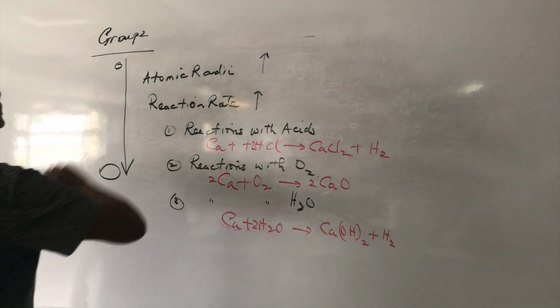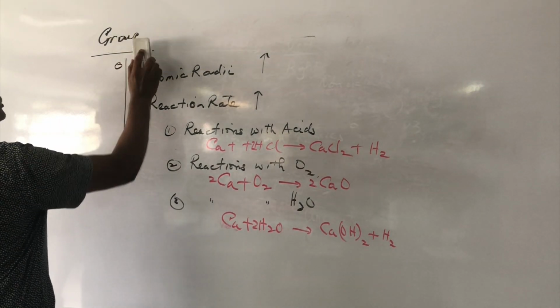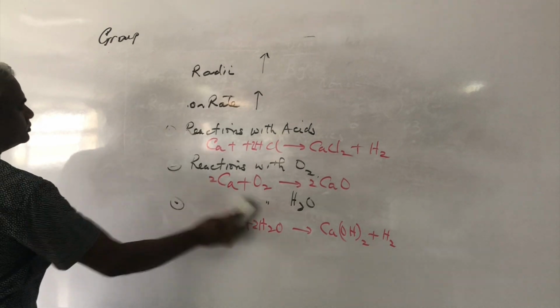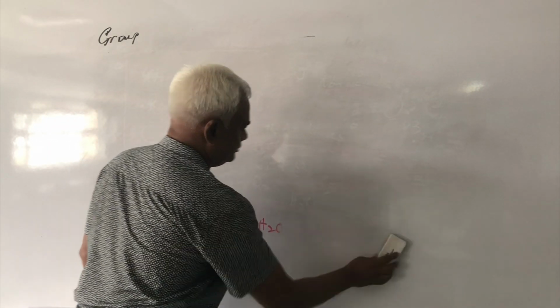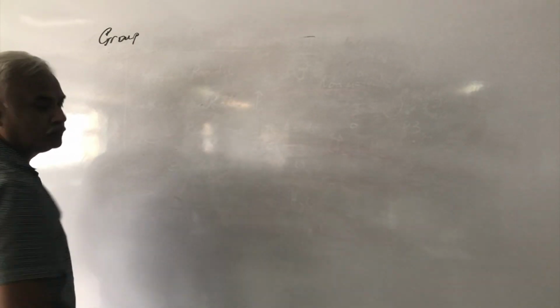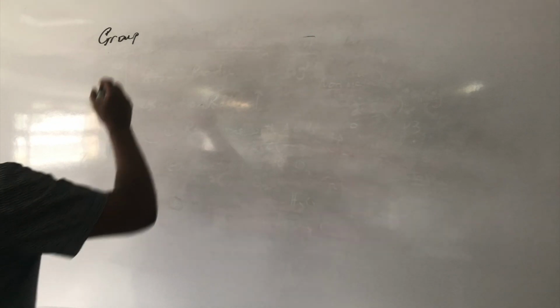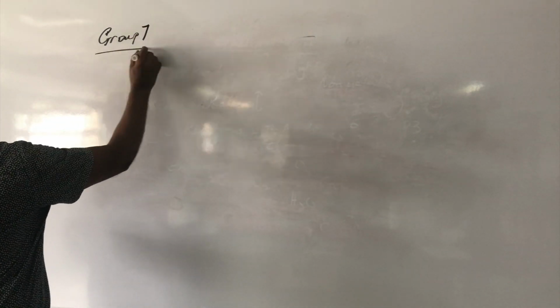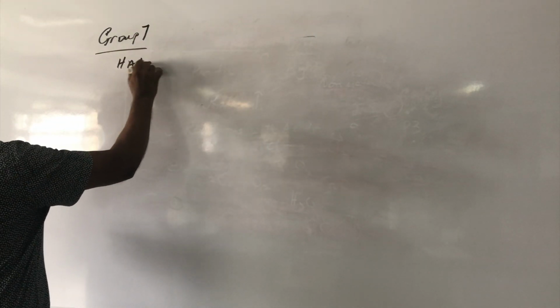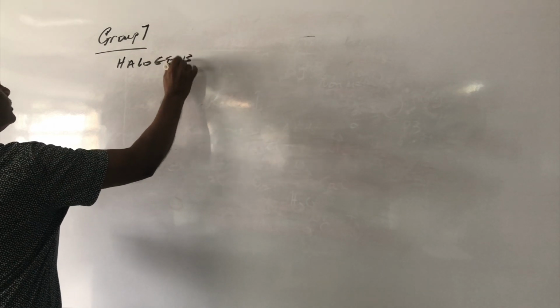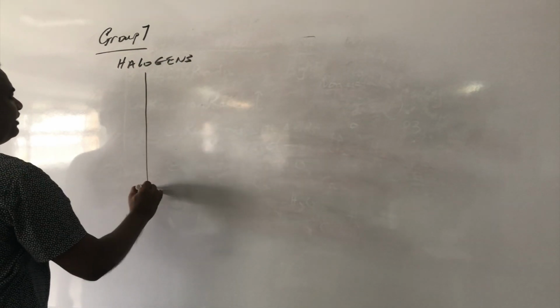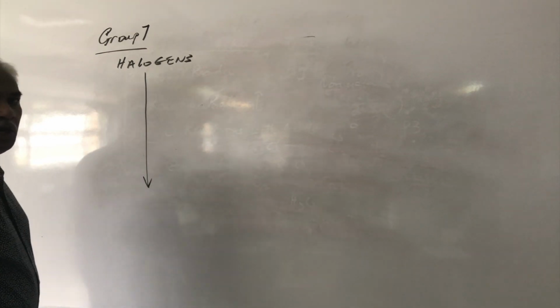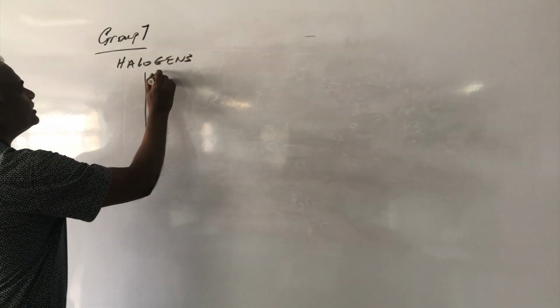Right, let's look at group 7. Group 7, as I said, we call the halogens. As we go down group 7, what do we notice?